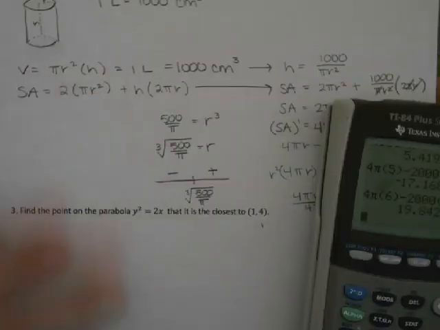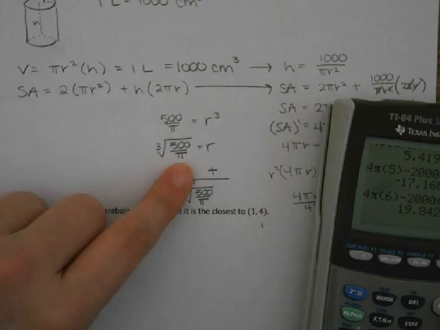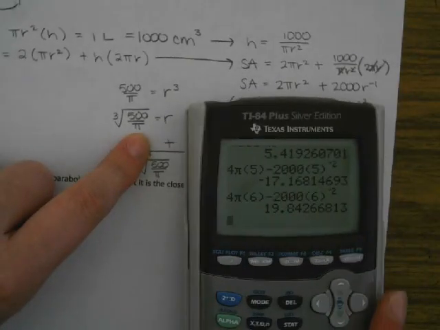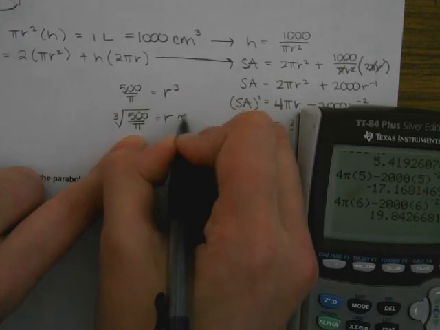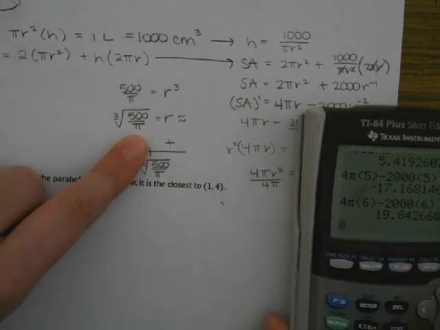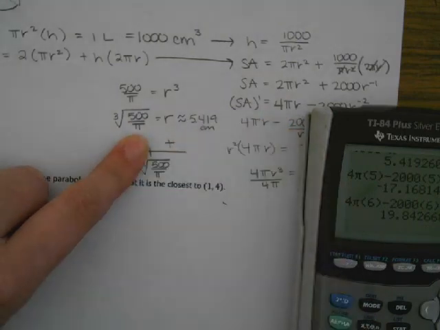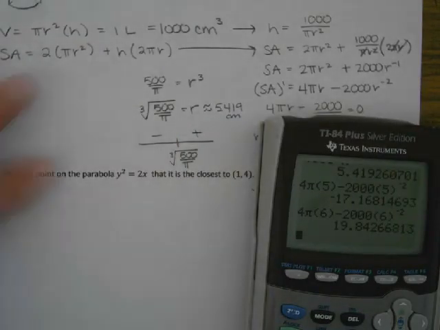So that's good. And most of us are not going to describe the radius of a can using something so crazy. So I'm going to go ahead and write down that r was approximately 5.419 centimeters. And then at this point, we want to find the height.